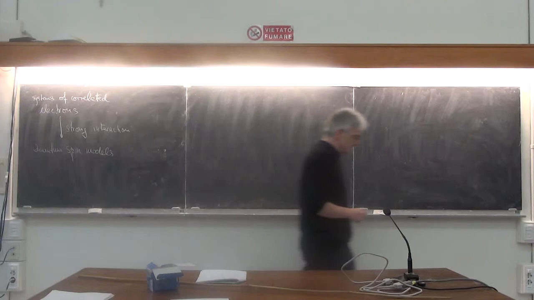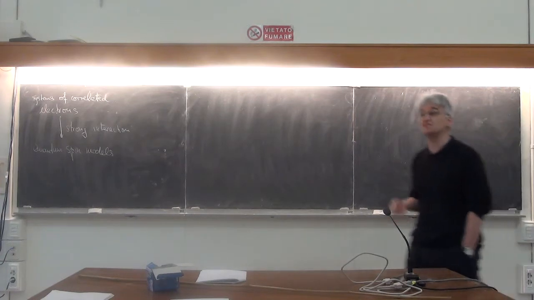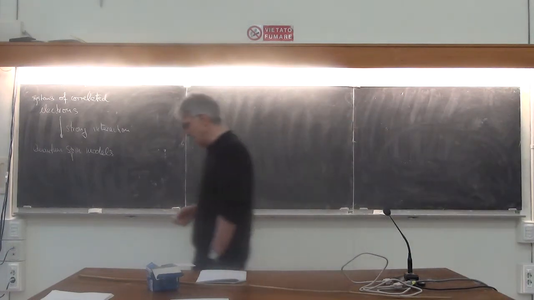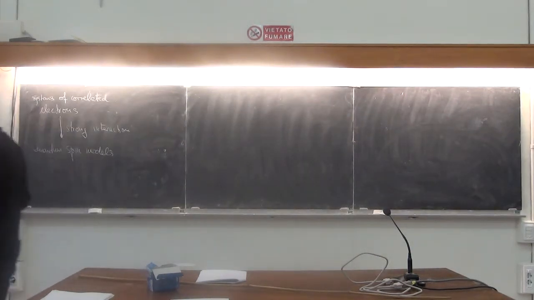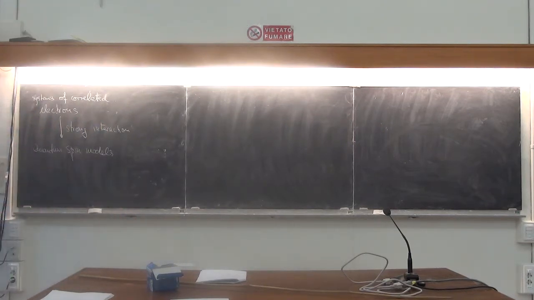As I said last time, these quantum spin models are generically quite difficult to solve because there's no small parameter, and they are not related in any obvious sense to free theories in general, because they're interacting spins, not bosons or non-interacting fermions.